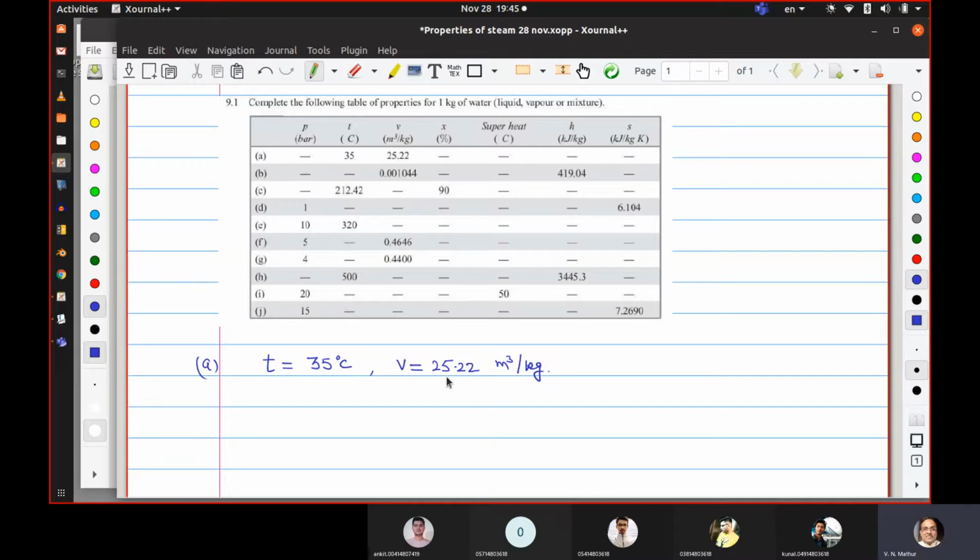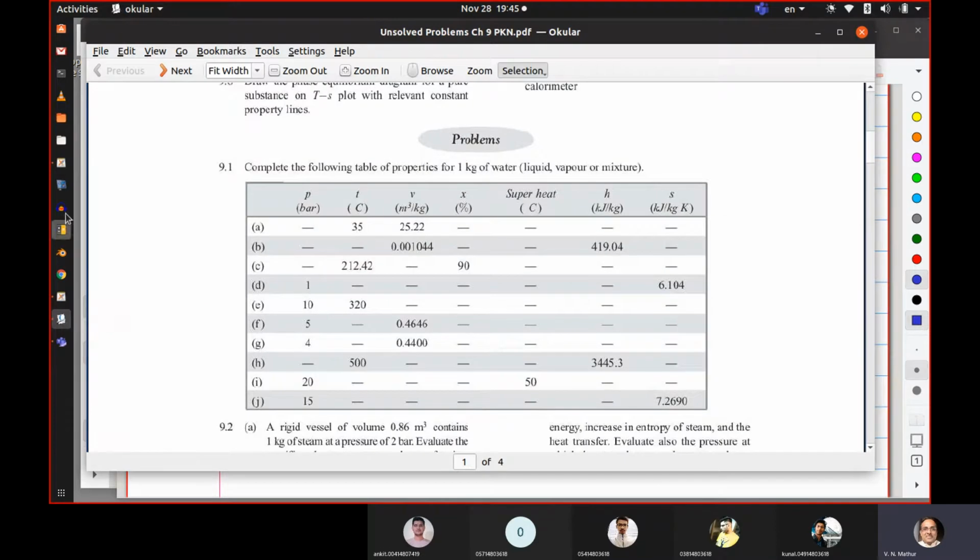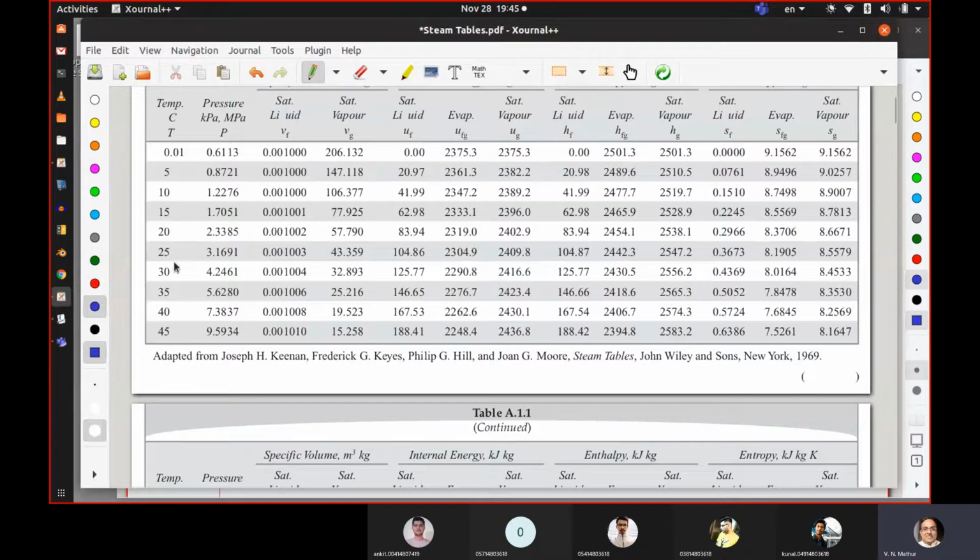For superheated steam, we'll have to see the superheated table, but this one seems to be the simplest question because the values given are for the saturated steam. We can just directly read these values from here.